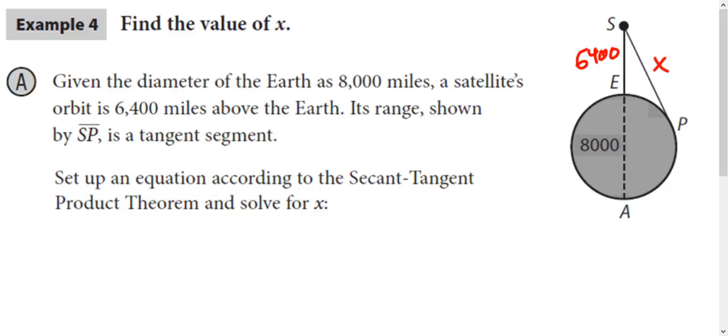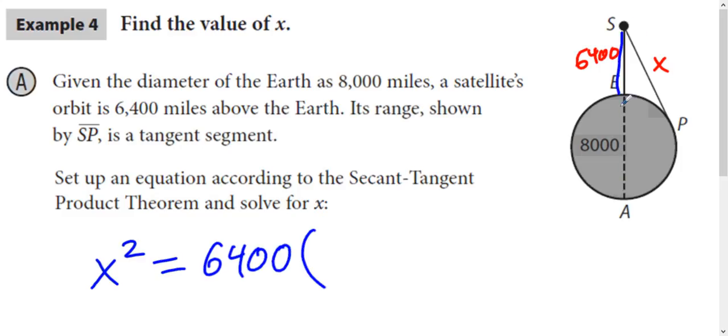So for tangent segments, we said it's just squared, so x squared equals, this is a secant, so we do the outside length, the 6,400, times the whole length, 14,400.